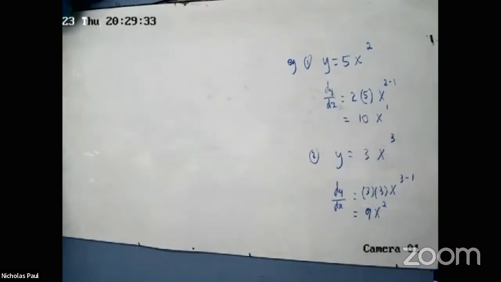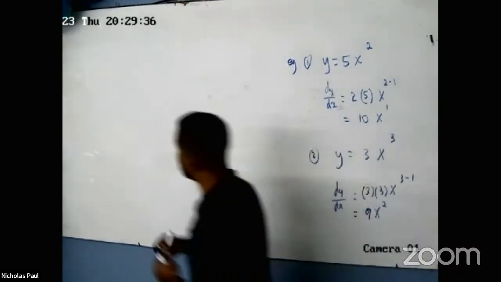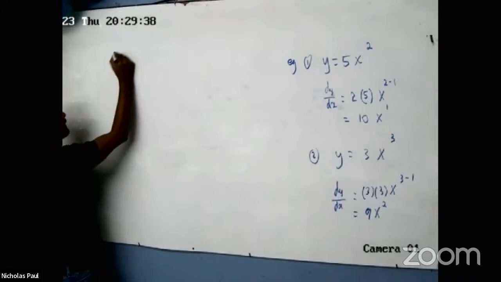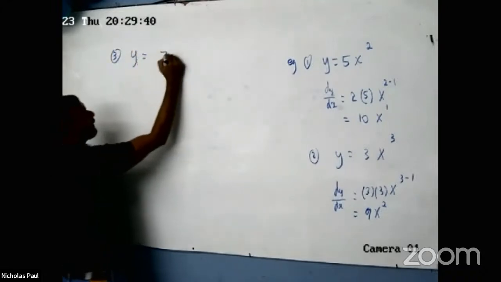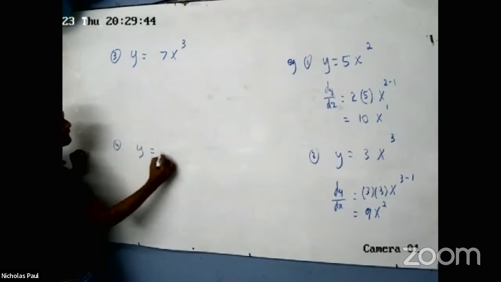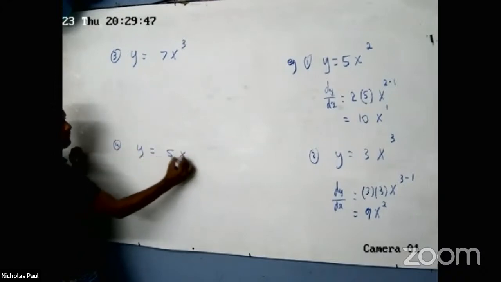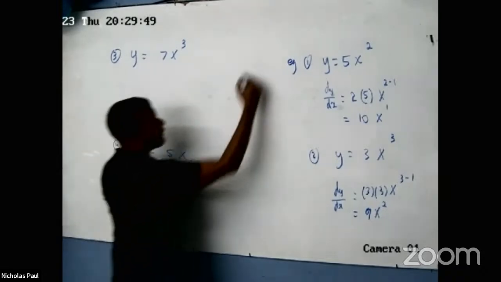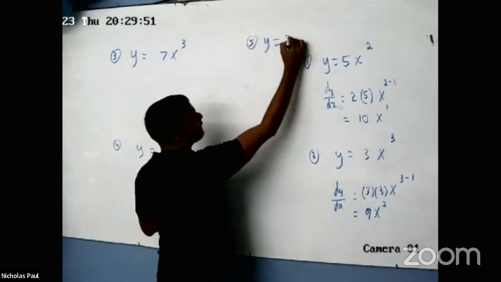All right, good. So that's number 1. That's number 2. I wanted you to try these two for me. y is equal to 7x cubed. y is equal to, let me change it up a little bit, 5x. And then I want to see what you will do here: y is equal to 2.